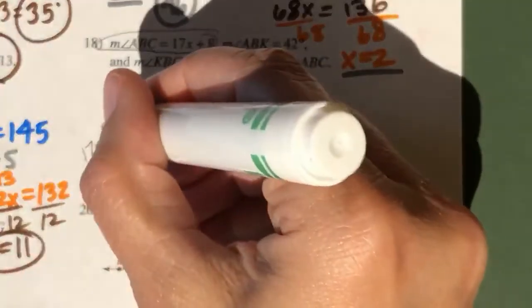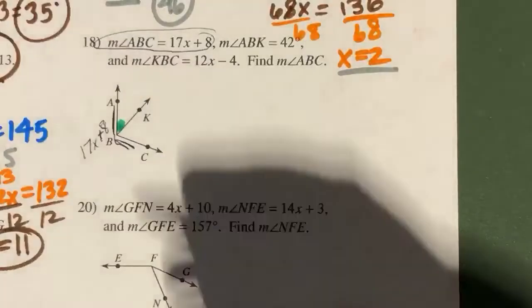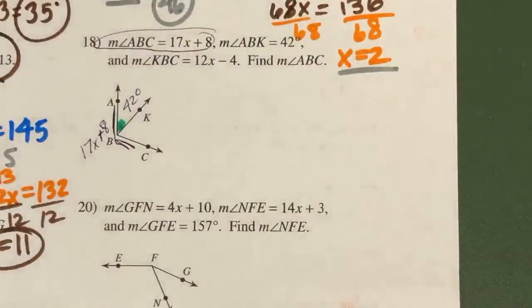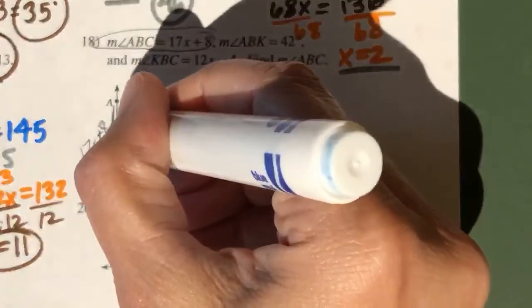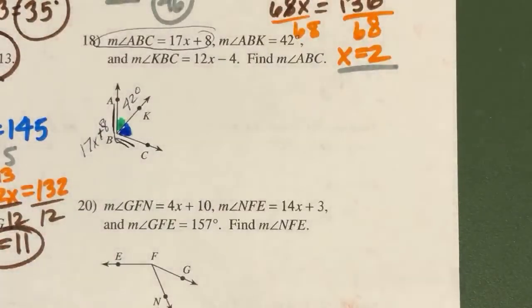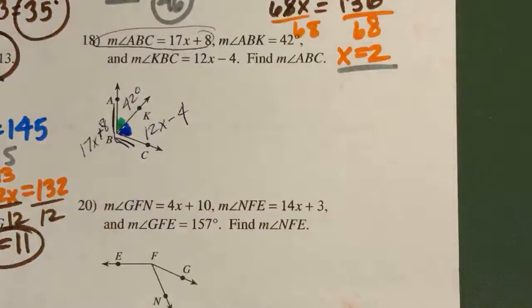That's the green one. The measure of ABK is 42 degrees. Then we have KBC, this guy right here. It's the blue one. The measure of KBC is 12x minus 4. So the question is, how do I set this up?